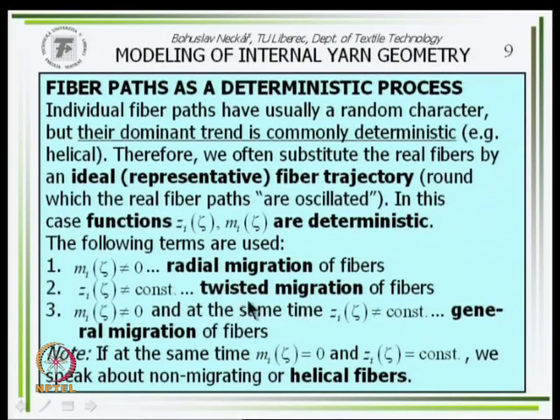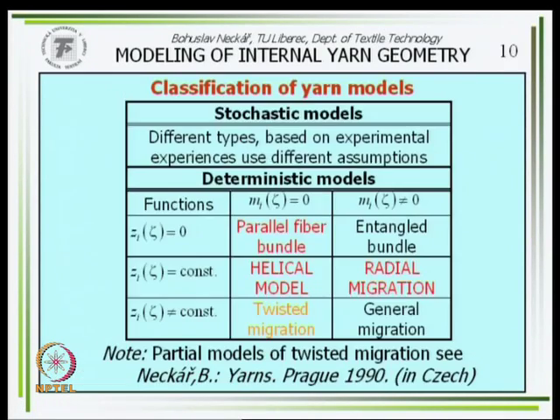And if both are nonzero, then we must speak about the general migration of fibers in the yarn. In opposite, if each mi(zeta) is equal to 0, and if each z(zeta) is the same constant, we speak about the non-migrating or helical model.